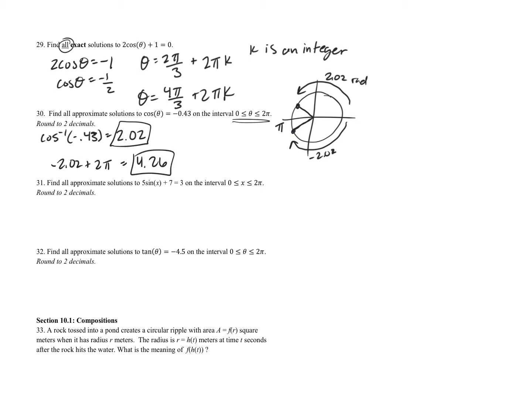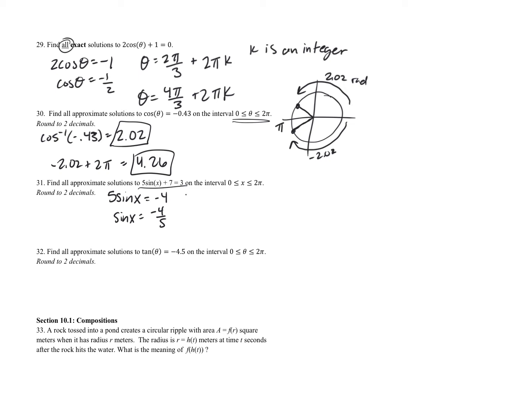All right, next we want to find approximate solutions for this equation here. I'm going to start by subtracting 7 from both sides. So we'll get 5 sine of x is equal to 3 minus 7, which is negative 4. So sine of x will be negative 4/5.